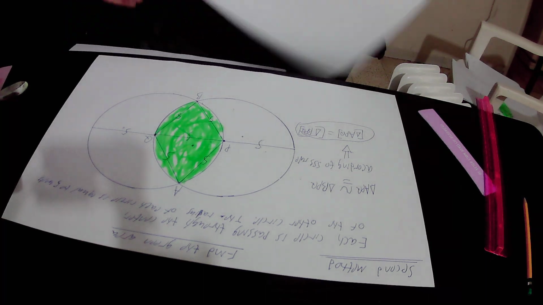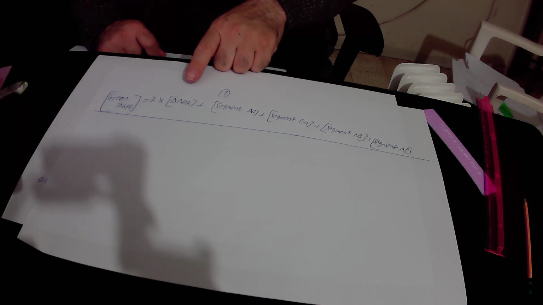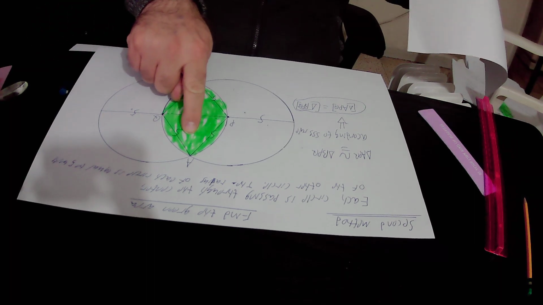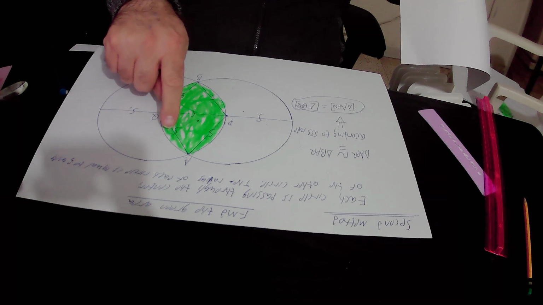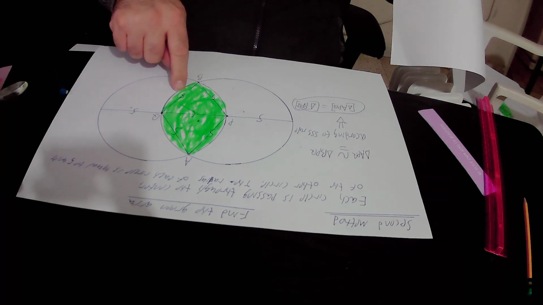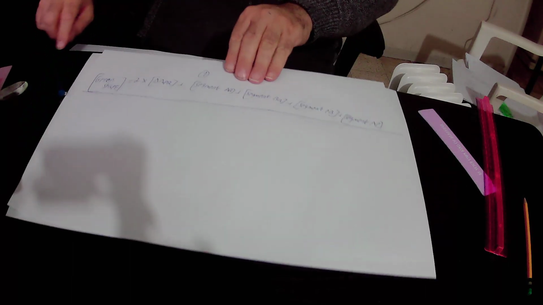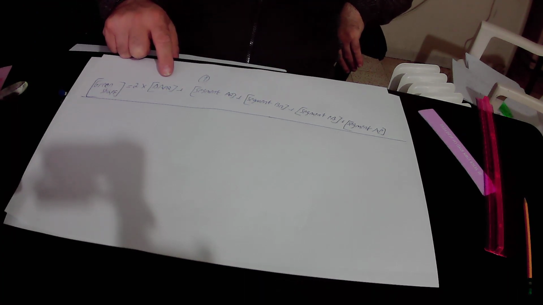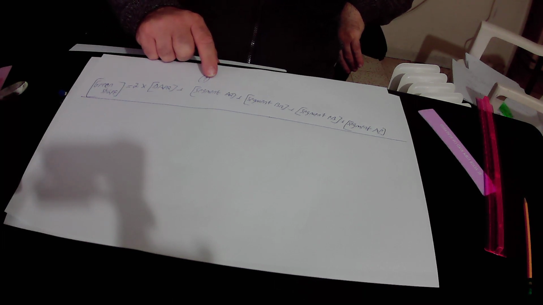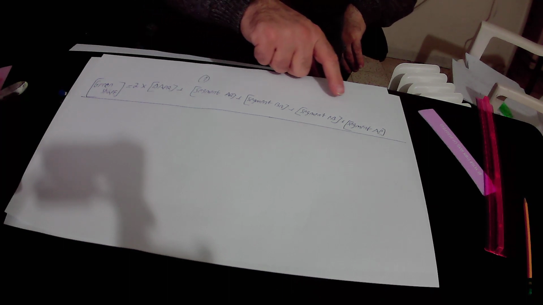I will repeat again. The area of the green shape will be equal to 2 times the area of the equilateral triangle APQ, plus the area of segment AQ, plus the area of segment QB, plus the area of segment PB, plus the area of segment AP.